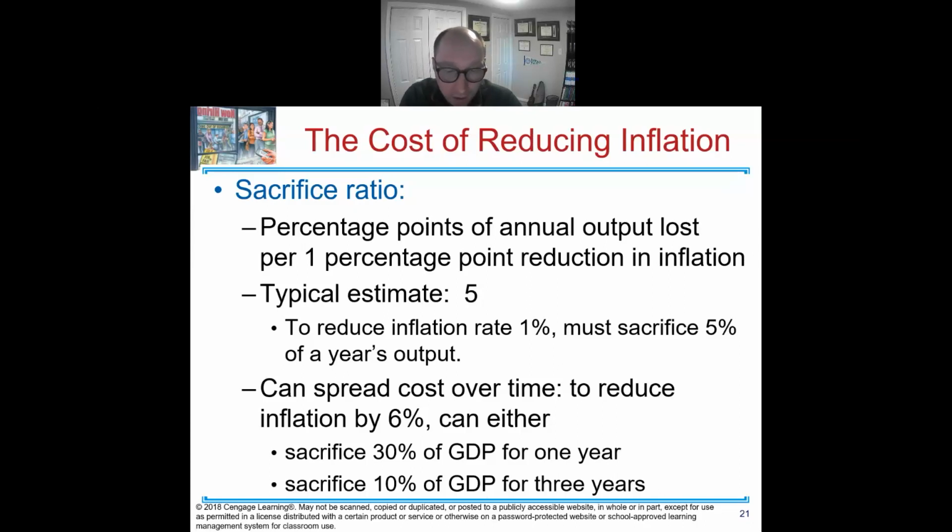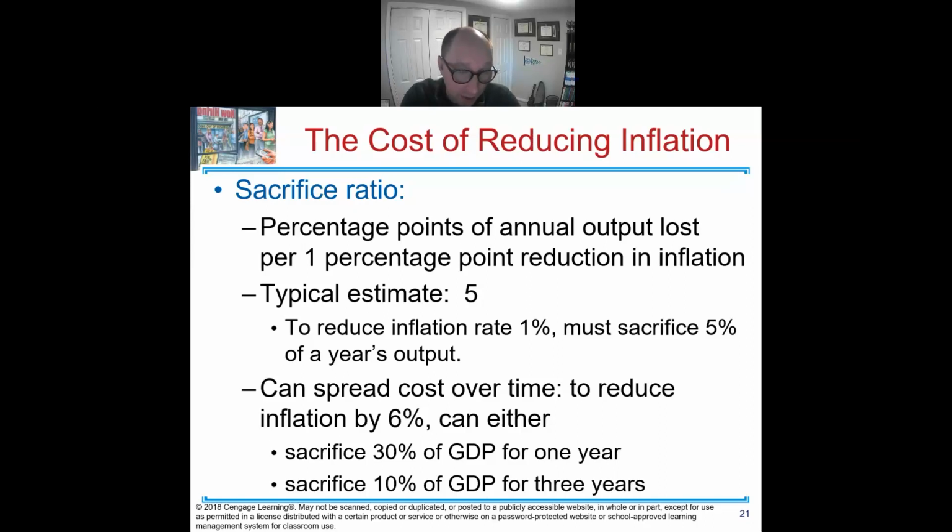How does the government fix that? Well, they spend less, inflation comes down, but what happens when inflation comes down is the unemployment rate rises. Okay, not as good.